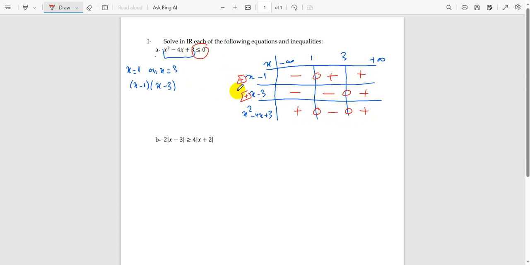Now the inequality is less than or equal. Less than is right here between these two values, which is between 1 and 3. Right here we have the expression equal to 0. We have or equal to 0, then 1 and 3 are included, and the interval will be 1 and 3.